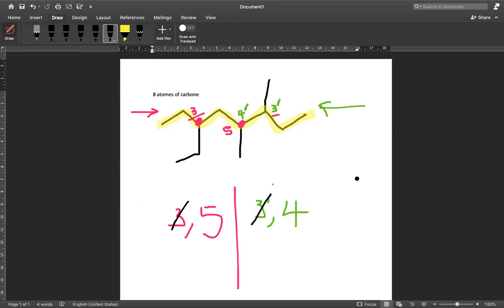For the one we're counting from the right, the other substituent has an index of 4. Then the one we're counting from our left has another index at the 5th carbon atom. Now my question is, which one between the two, 4 and 5, is the lowest?